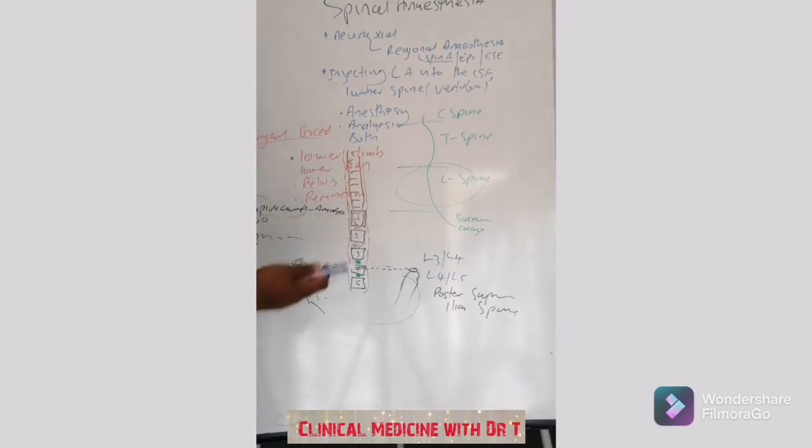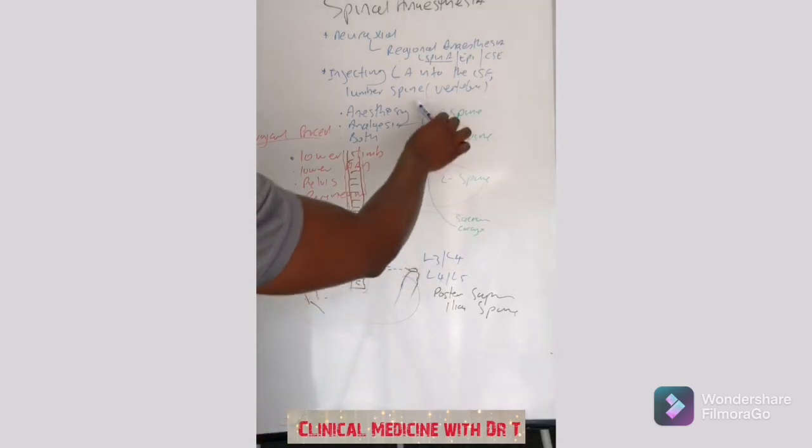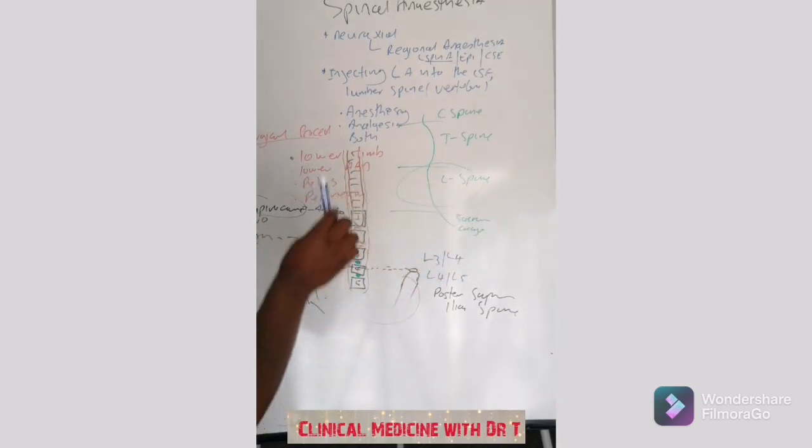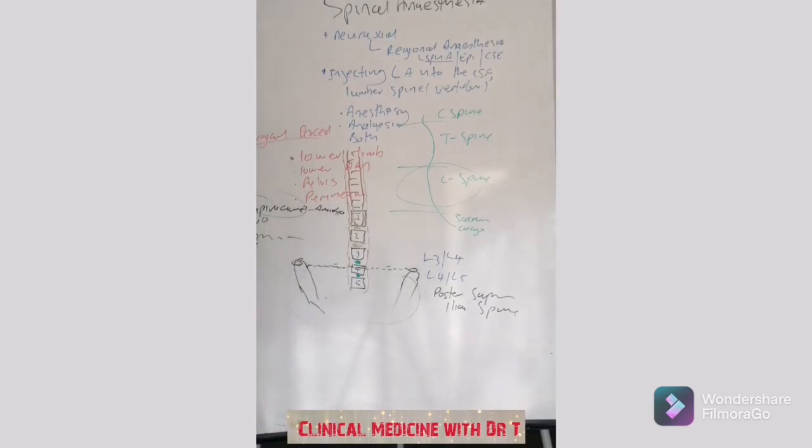So the surgical procedures that you want to do under this anesthesia are lower limb surgery, lower abdomen, as in the case of C-section, pelvis, and perineum. And like we said, in the vertebra, the level that you want is the L spine, and the actual location is L3, L4, or L4, L5.